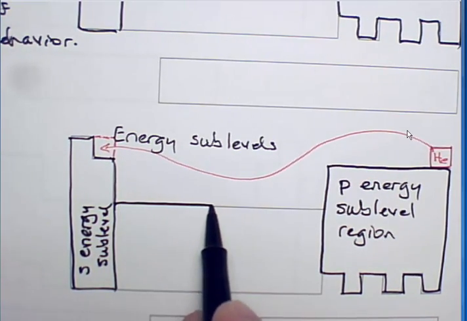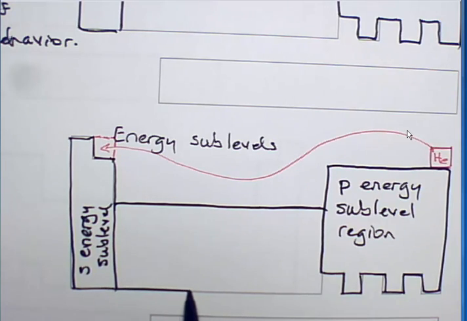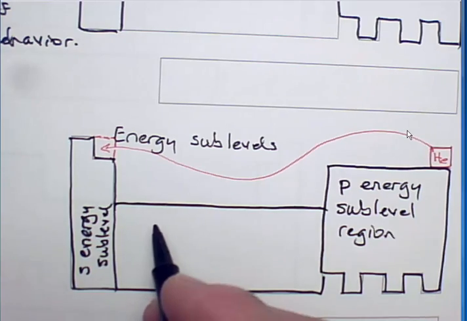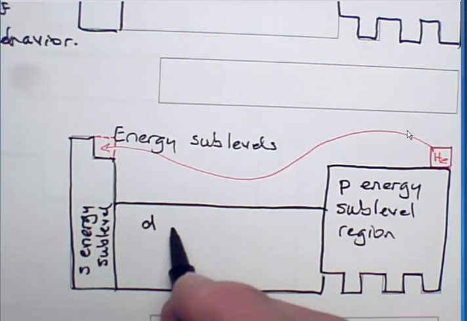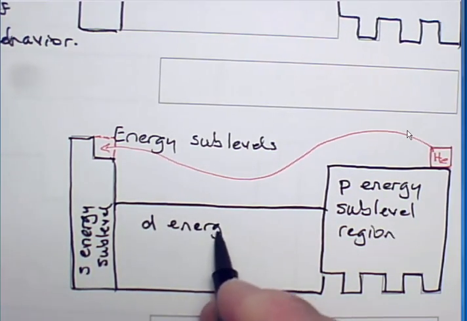The section in between here, these are called the inner transition elements, but for sublevels we have a name for it, and this is the D energy sublevel region.